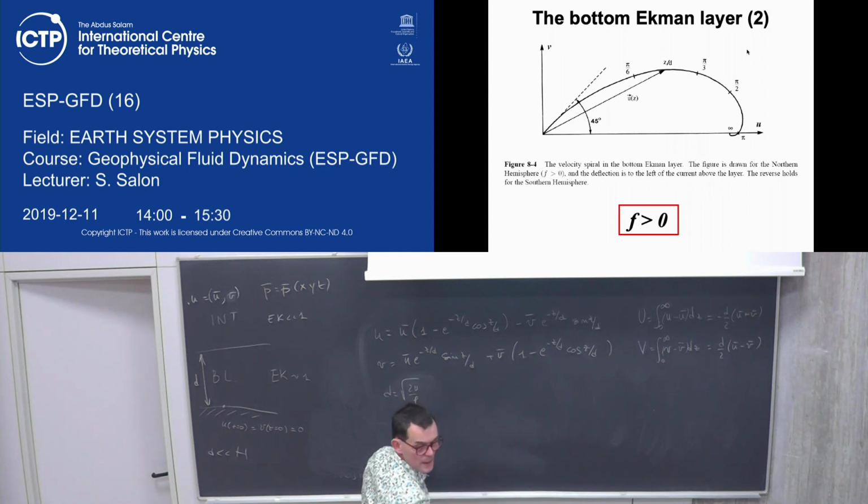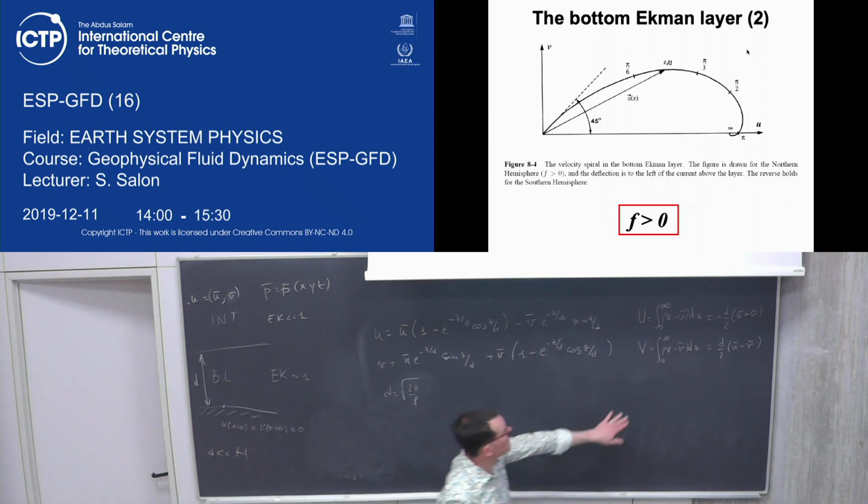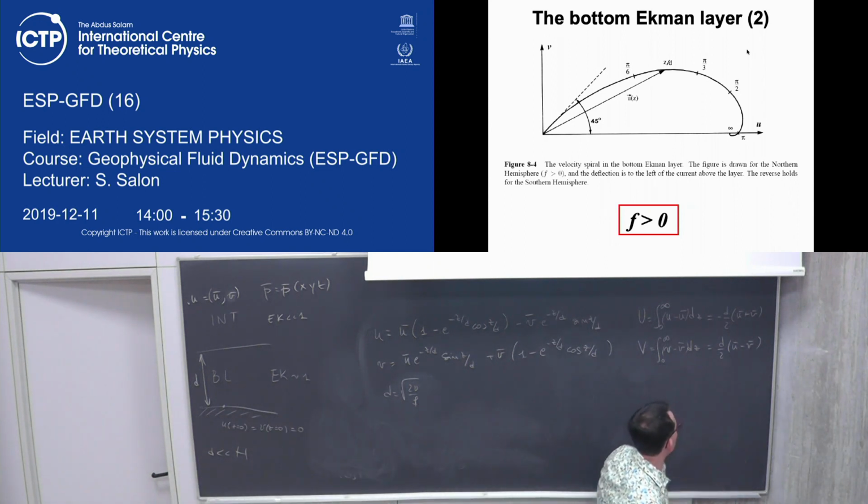So the flow velocity is constant, because in the interior there is no change in time of our geostrophic flow. So the transport is basically related to the geostrophic flow.